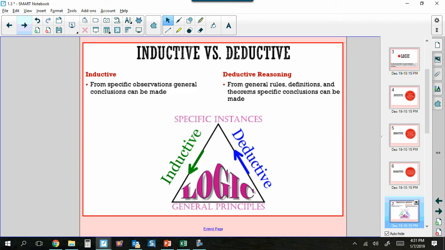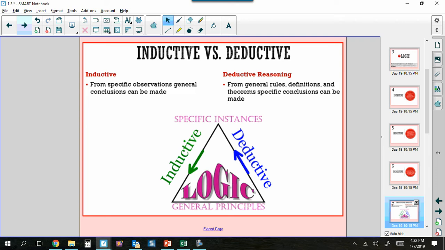Whereas deductive is the exact opposite, where you take a very general statement and apply it to something specific. So you see a bunch of people that you know enjoy math, and then you go, oh, they must all absolutely enjoy math because they're all sitting in a math classroom giggling, laughing, having fun. That doesn't mean everybody in the room actually enjoys math.